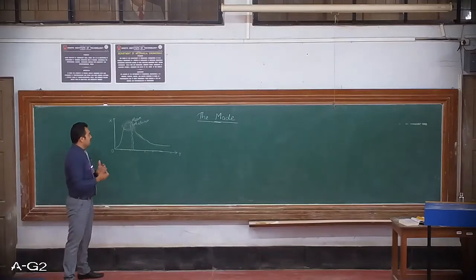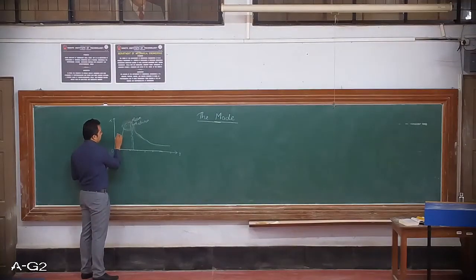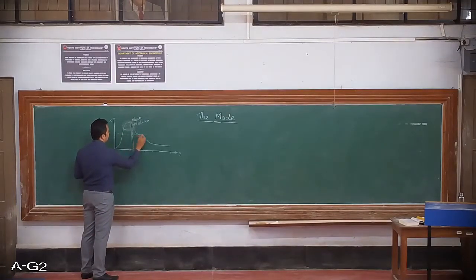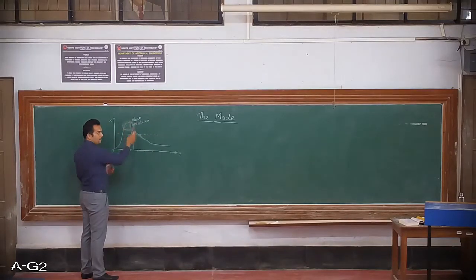If you consider this higher part of the frequency, that modal value would be such that all these items are surrounded around it, and that modal value is also having the highest frequency.